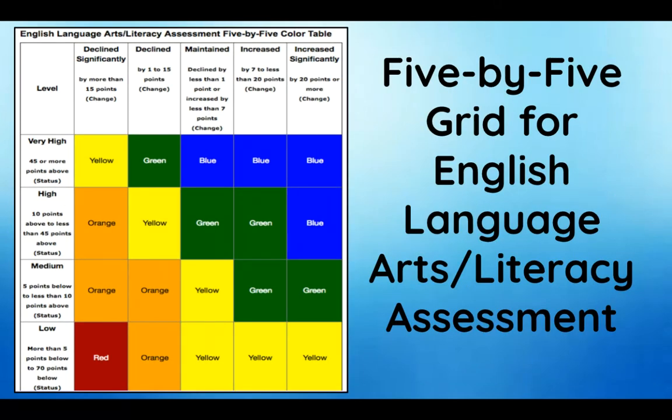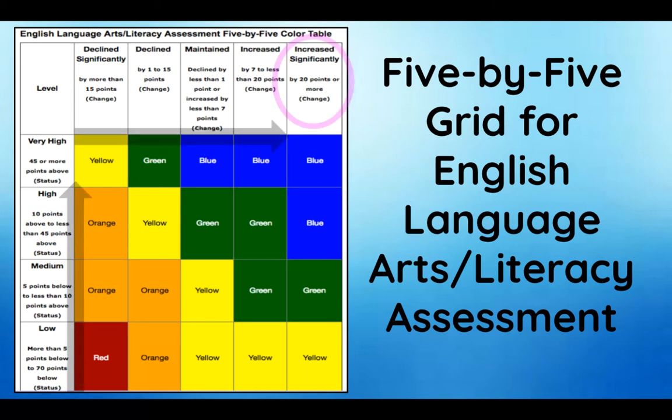When looking at other indicators such as the academic performance, English learner progress, graduation rates, and college and career preparedness, the desired outcome or goal would be high or increased scores versus the previous example for suspension rates. This is an example of a 5x5 grid for the academic indicator of English language arts and literacy assessment.